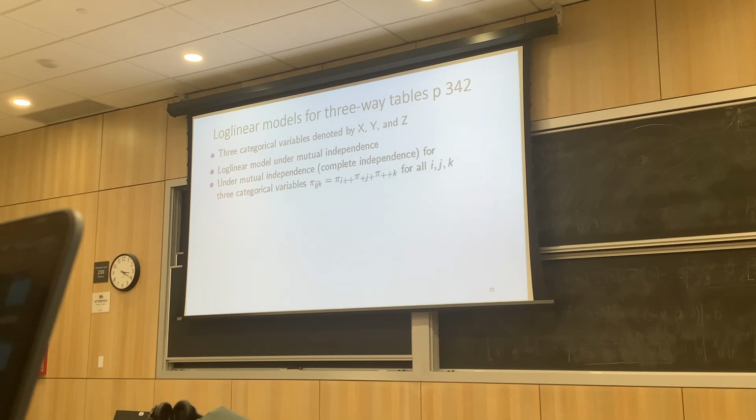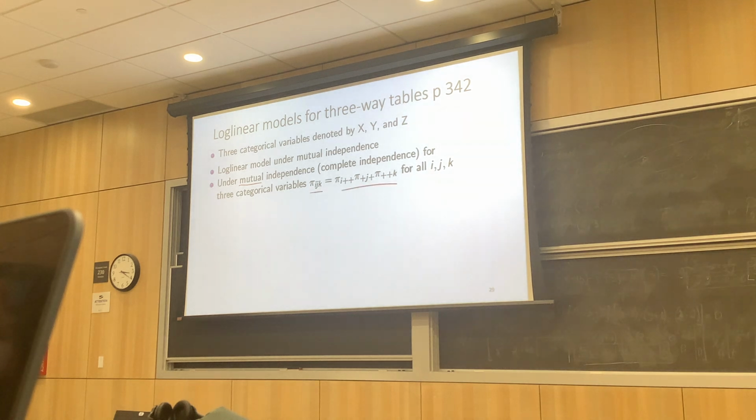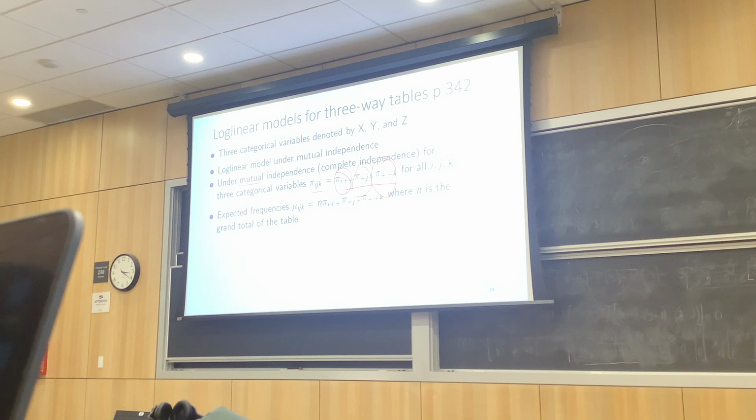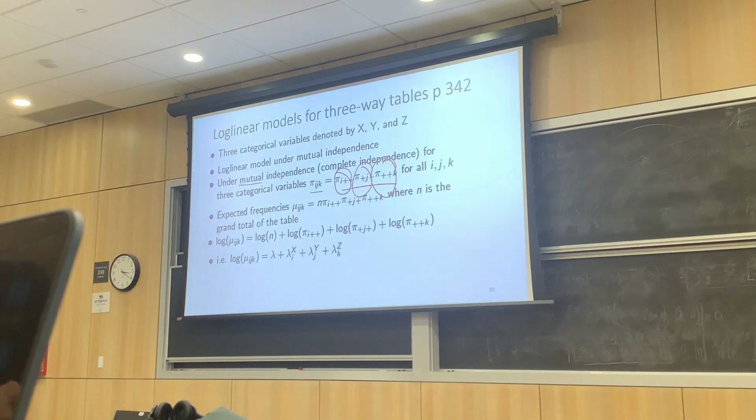For that, it depends on the probabilities. The probability of membership in that cell, the ijk cell, and we may have lots of different assumptions on this. One of them is these various notions of independence. One of them is mutual independence, where it is equal to the marginal probability of X, the marginal probability for Y, and the marginal probability for Z. In that case, we saw that the model can be written this way.